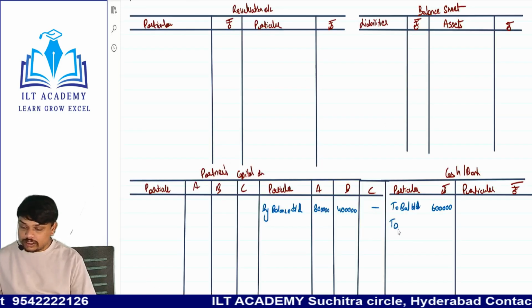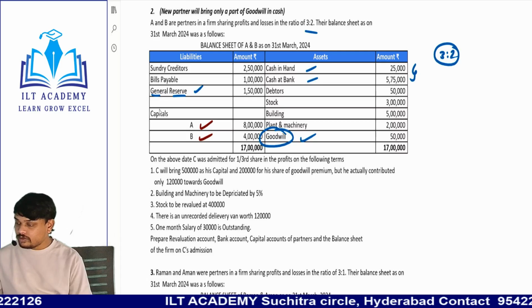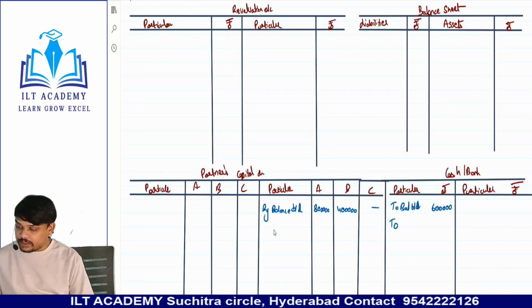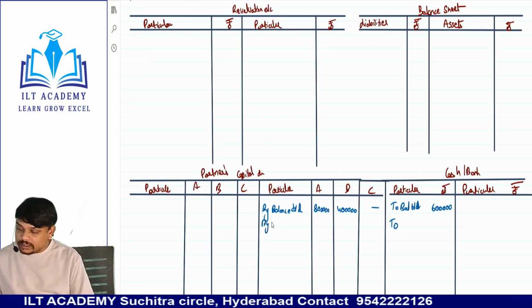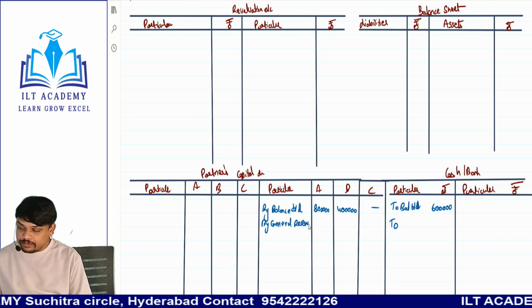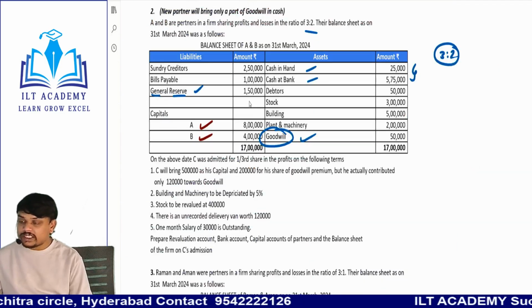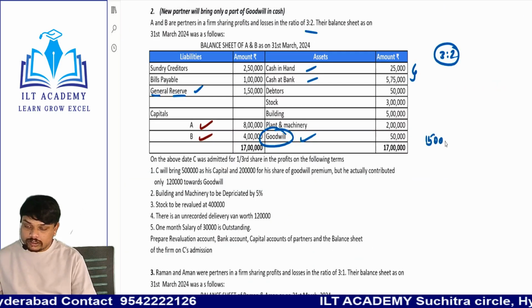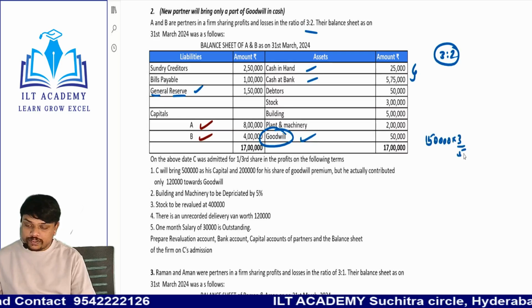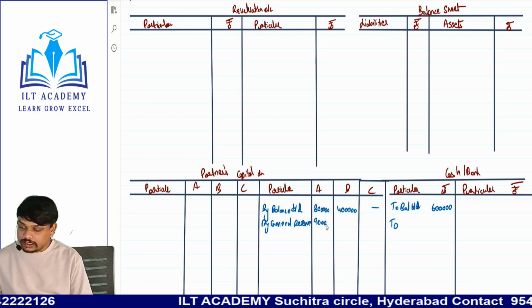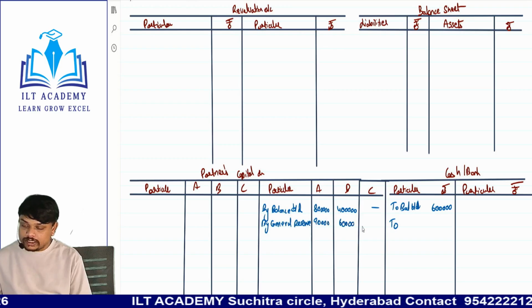So by general reserve, you see general reserve is 1,50,000, distribute in 3:2 ratio. 3 upon 5. 5 ones are 5, 5 threes are 30,000 into 3 is 90,000, and this is 60,000.